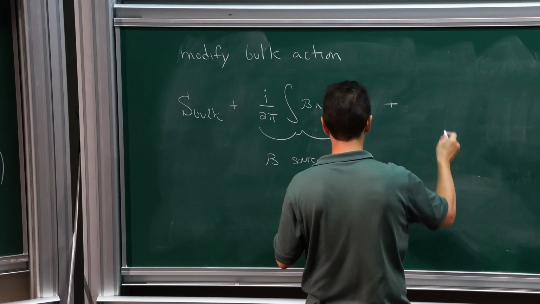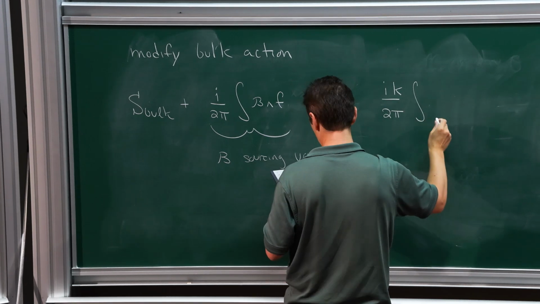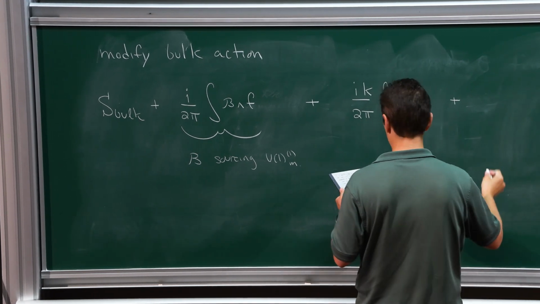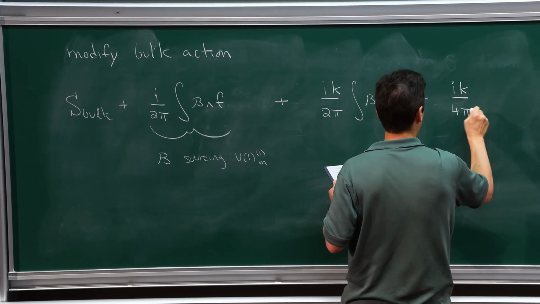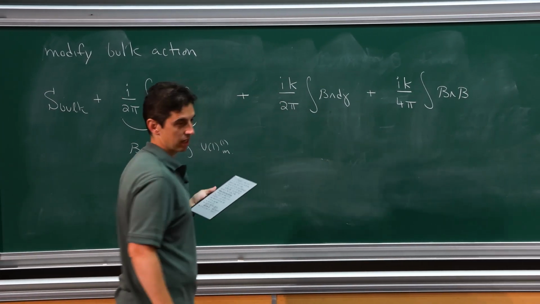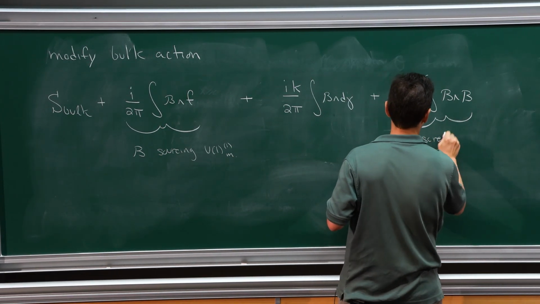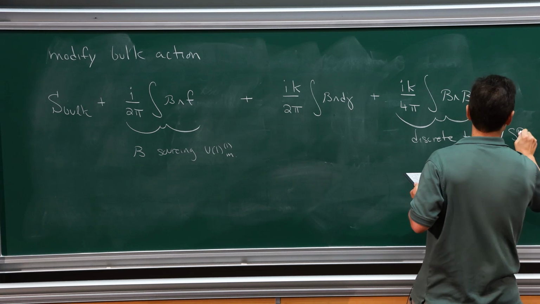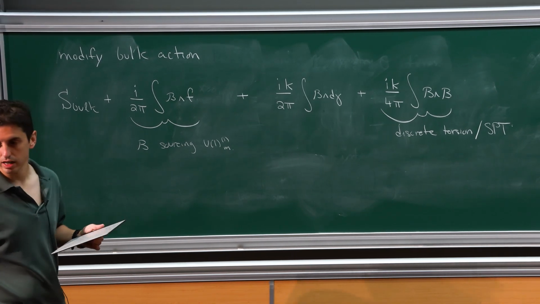And then I have the term that I wrote before, ik over 2 pi integral beta wedge d gamma, or perhaps I integrated that by parts. And then I'll write one more term, ik over 4 pi beta wedge beta. So this is the part that makes beta a Z_k gauge field. Why did I write this? This is like some discrete torsion. That's what high energy people call it. You could also think of it as some SPT. So here, beta and gamma are new dynamical fields.